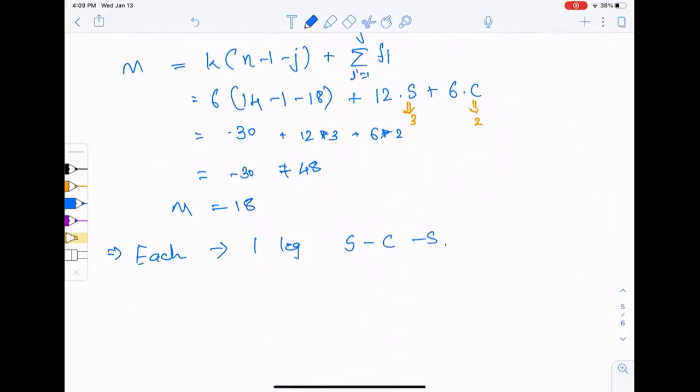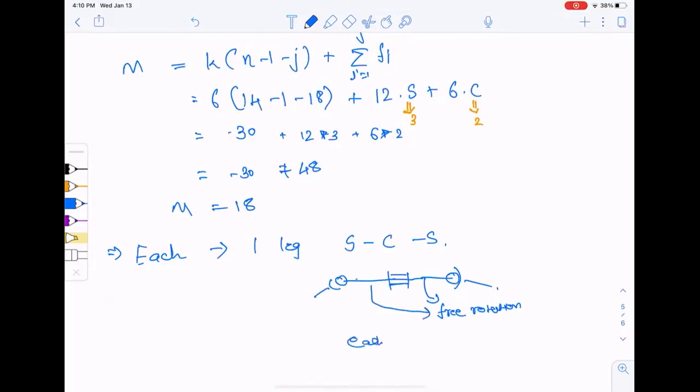So that is this, and we have free rotation around this axis. We do have free rotation of this link too. So each leg has total 2 idle DOF.